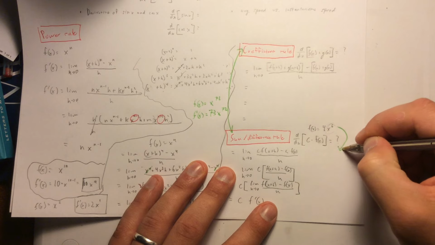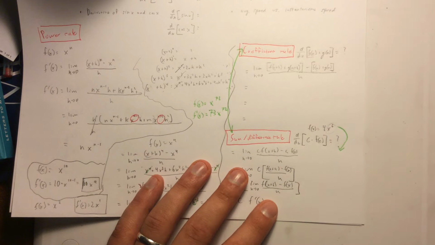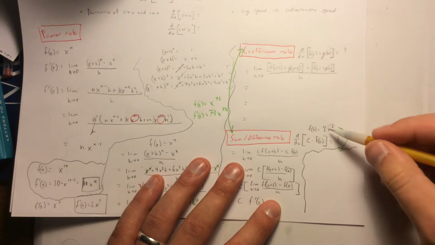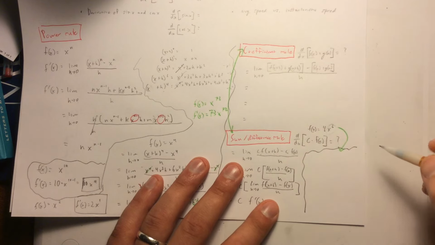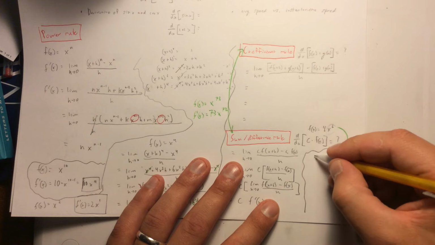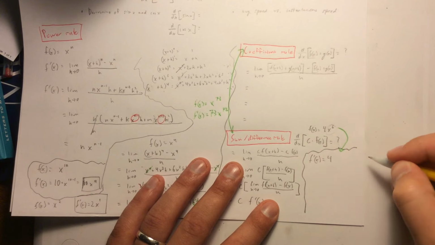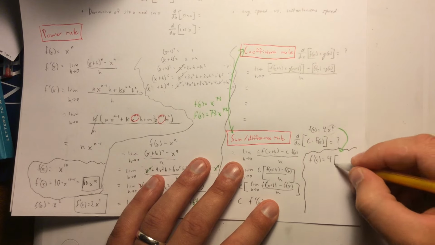Let's look at this one right here. I'm not even going to do the limit definition of the derivative. I'm going to do the shortcut now. I'm going to just shove the 4 to the front. I'm going to derive x to the 6th.